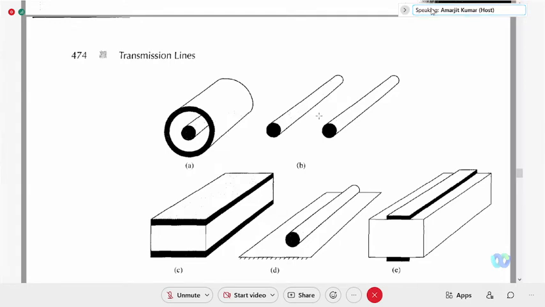And if it is a perfect conductor, then sigma is infinity. Then what will happen? For the lossless transmission line, R is equal to 0. The resistance will be 0 if it is lossless, and G will also be equal to 0 if it is a lossless transmission line. We will see.